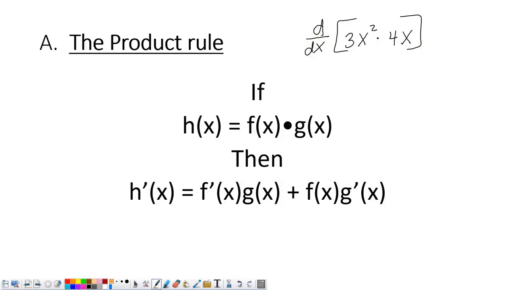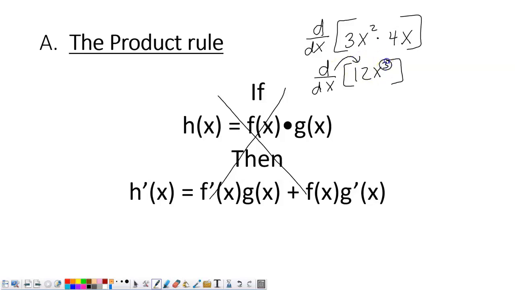So first of all, I want to do something that's not the product rule. I want to ignore this for a minute. And I just want to say, well, how would we take the derivative of this? Well, what I would do first is I would just go ahead and multiply these together. What is 3x squared times 4x? Well, that would be 12x cubed, right? And then I would take the derivative of that.